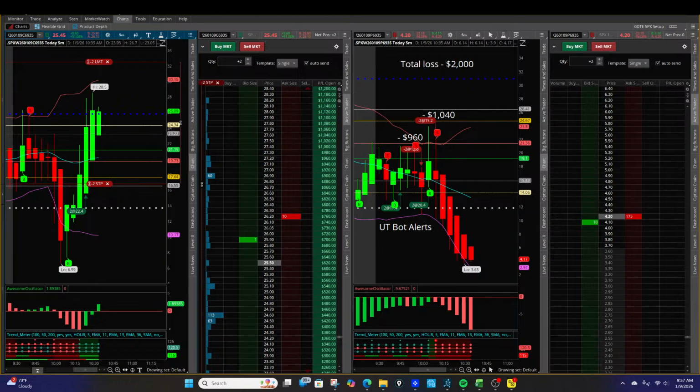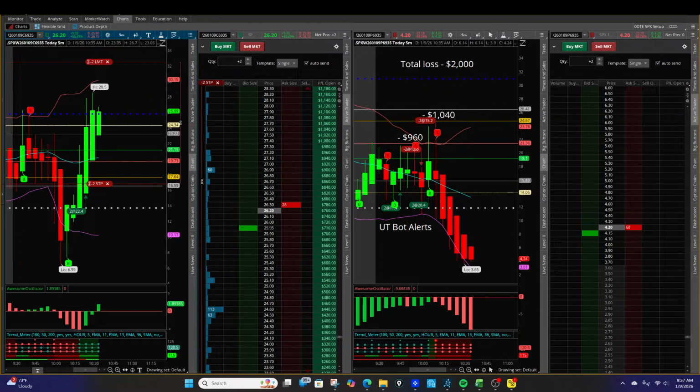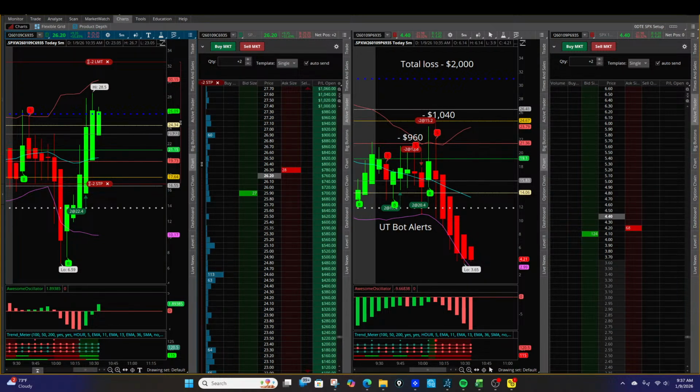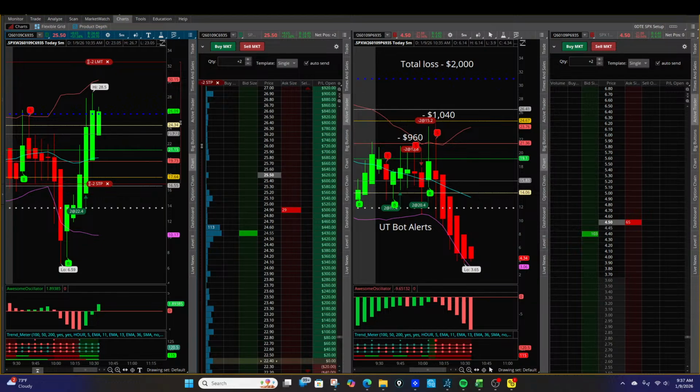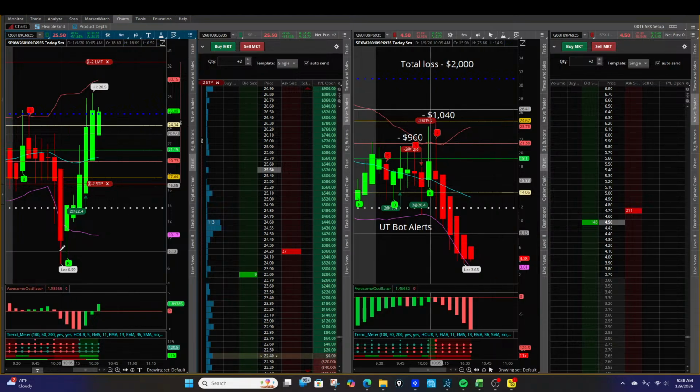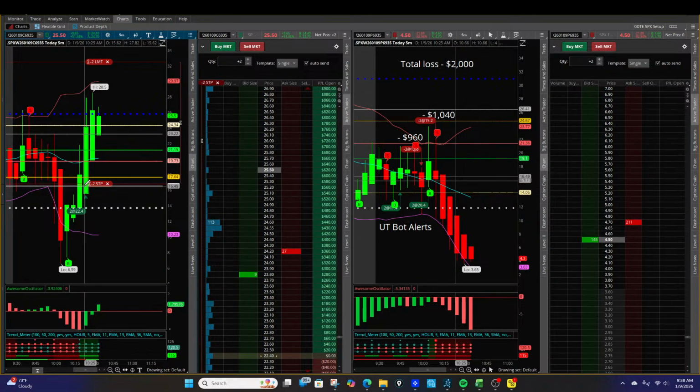Zero DTE SPX options have gotten a bad rap, I think. A lot of people think that they're scary, that it goes up and down too fast, and it's whiplashy and things like that. But I don't think so. I don't see anything on this calls that's whiplashy.